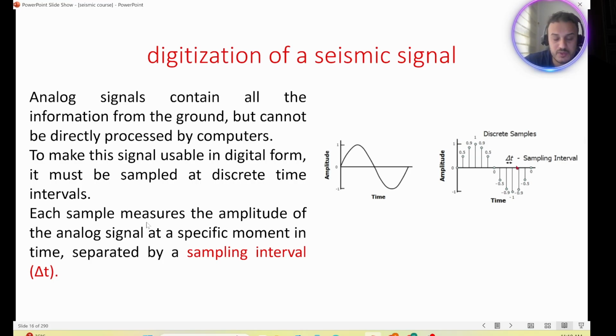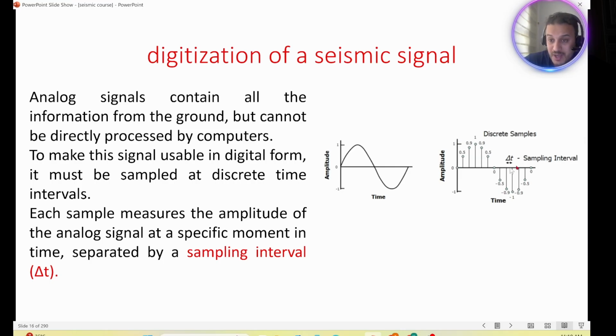Each sample measures the amplitude at a specific time, and samples are separated by sampling intervals.